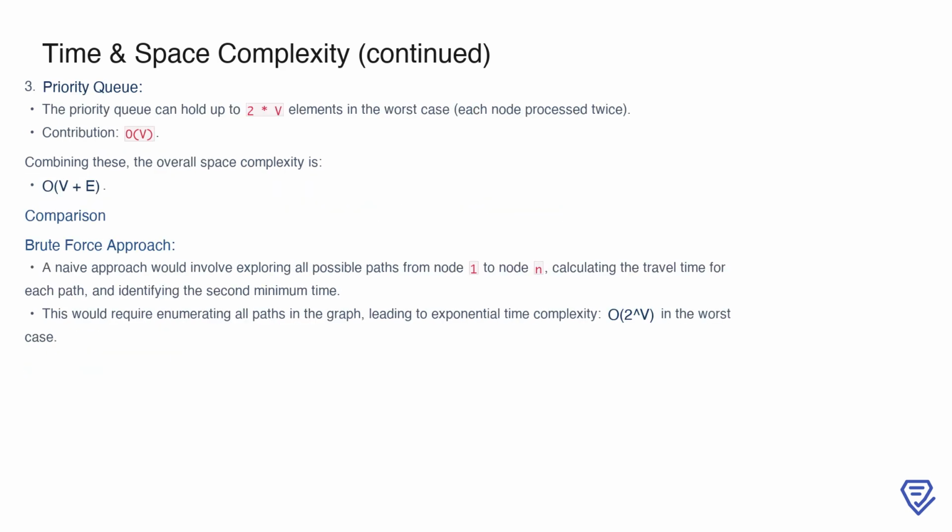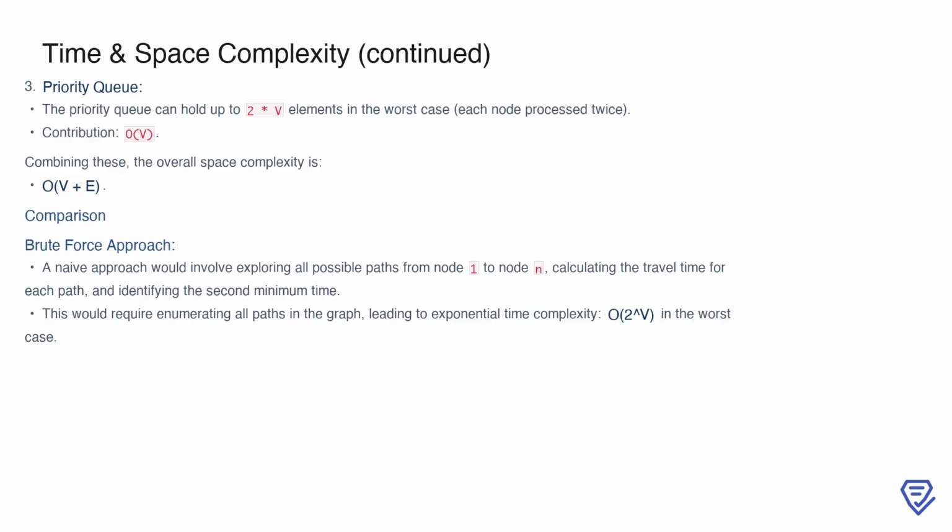The priority queue also contributes to the space complexity. In the worst case, it may hold up to 2v elements since each node could be processed twice. This results in an additional O(v) space requirement. When combined with the space needed for the graph representation and arrival times, the overall space complexity of the algorithm becomes O(v + e).